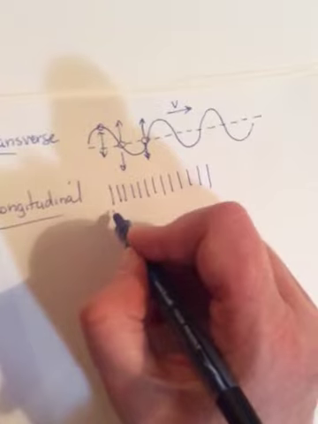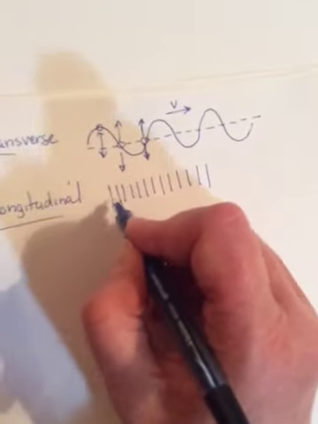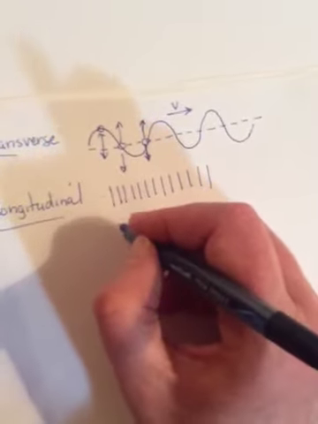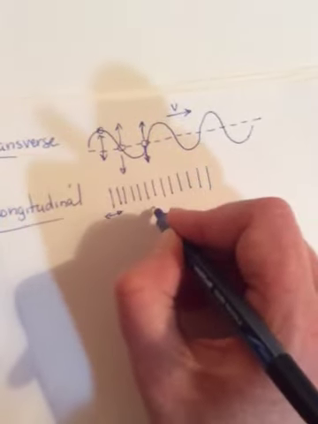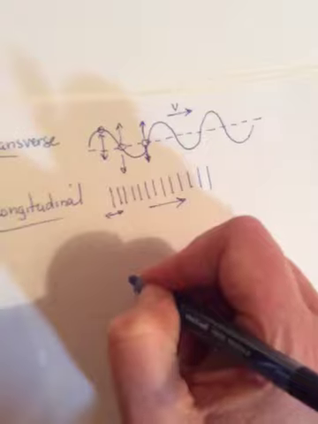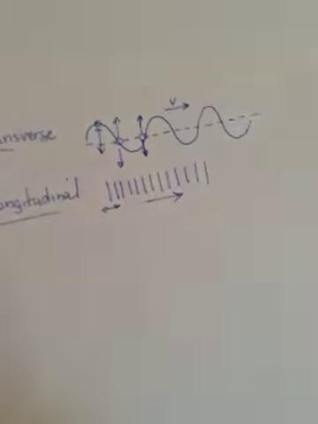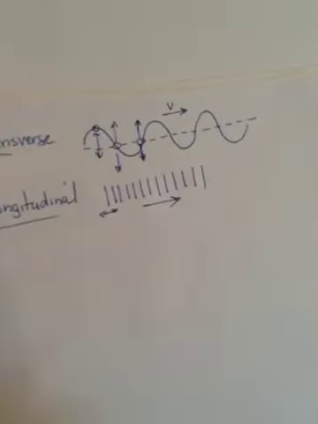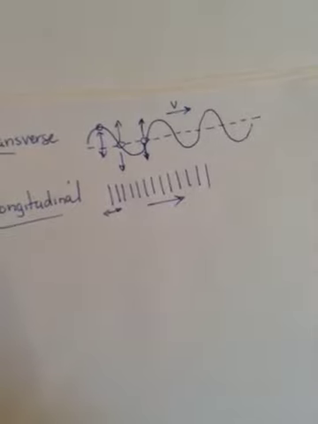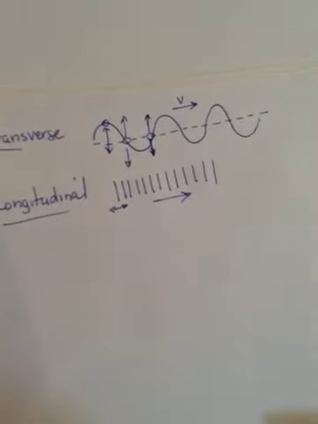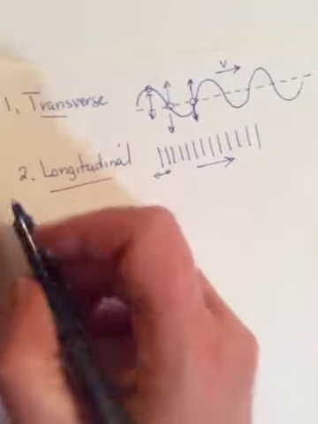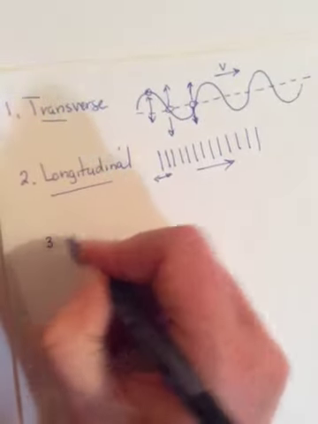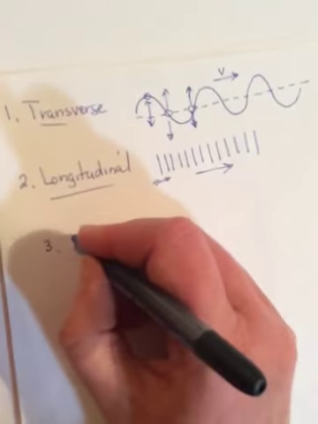But now in a longitudinal wave, I do something to cause a vibration, and the molecules are going to vibrate back and forth this way while the wave travels like this. So they're vibrating in the same direction or parallel to the direction of motion. Okay? Examples here would be sound wave or compression waves. Sound is the most common type of longitudinal wave.